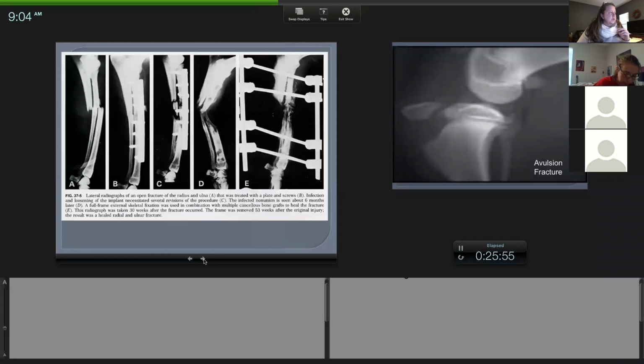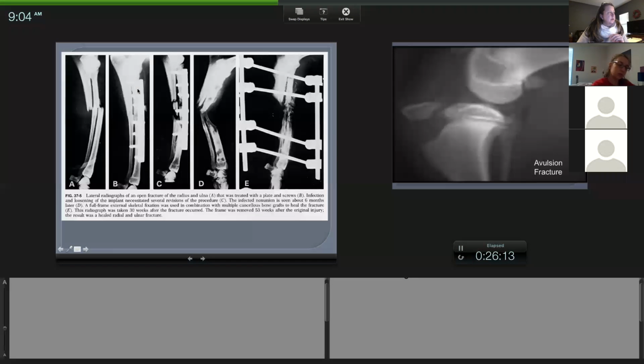This is interesting. This is showing a radius and ulna, and this ended up being an open fracture. You can't really tell from the x-ray, but these fragments punctured the skin.